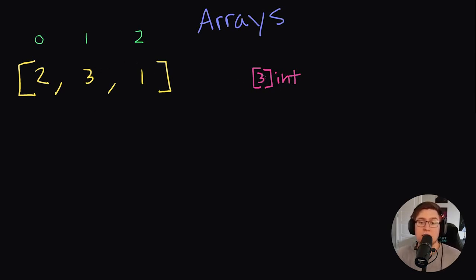So this array's type is an array of 3 integers. In languages like JavaScript, or again, like lists in Python, arrays are dynamically resized. They don't have a fixed size. You can add things onto the end, you can push stuff onto the beginning, but in Go, arrays are always fixed.